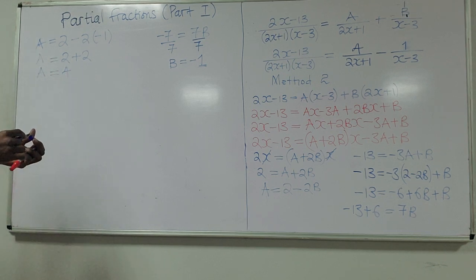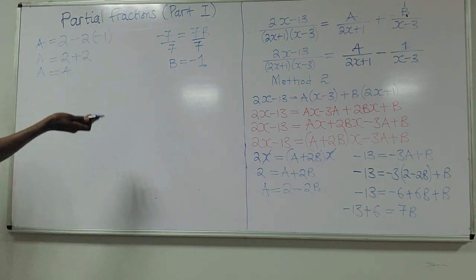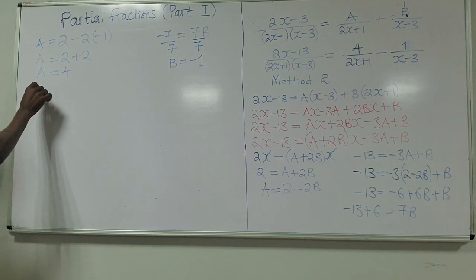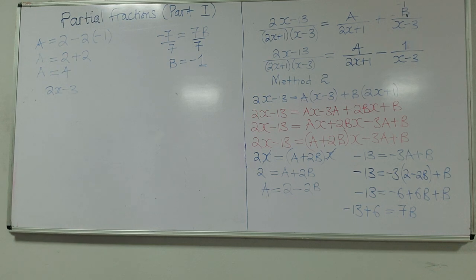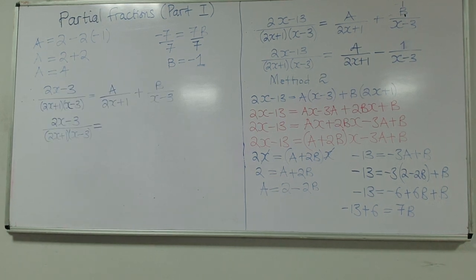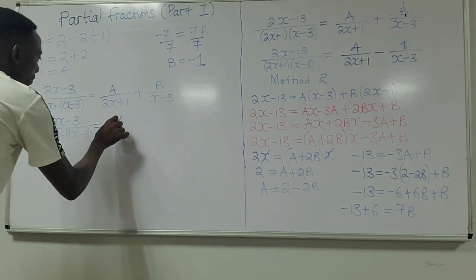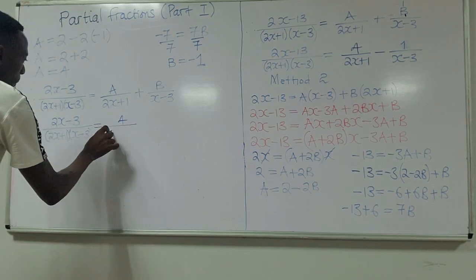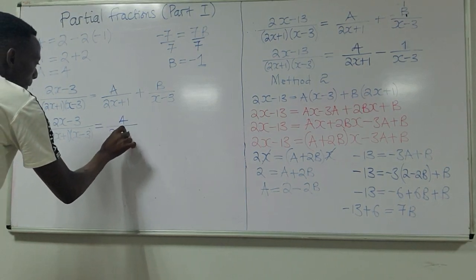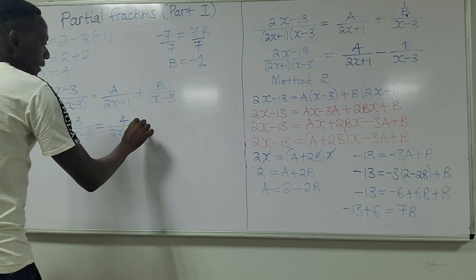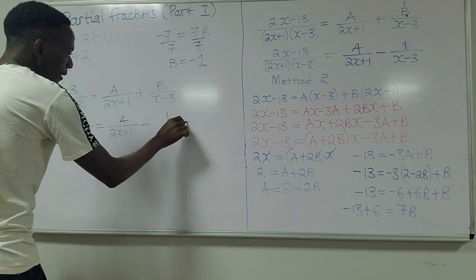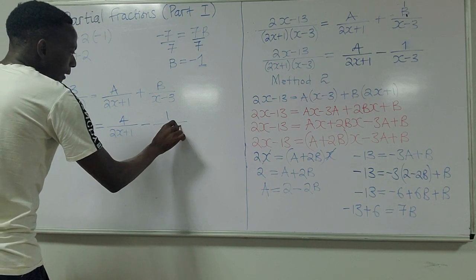So you can see that we have got the same answer, and therefore 2x minus 3, which is our a is 4, and positive times negative is negative 1 over x minus 3.